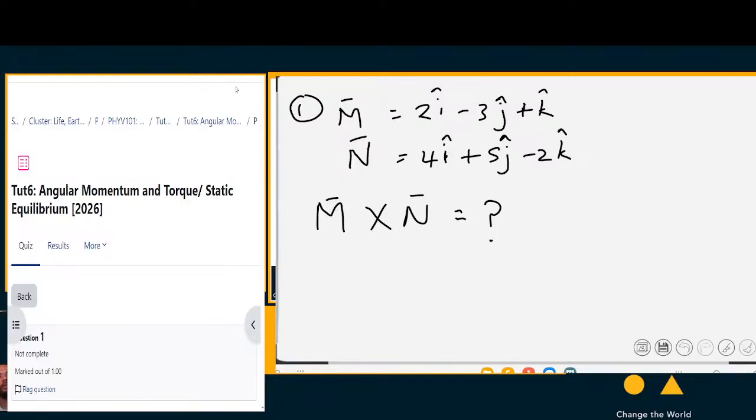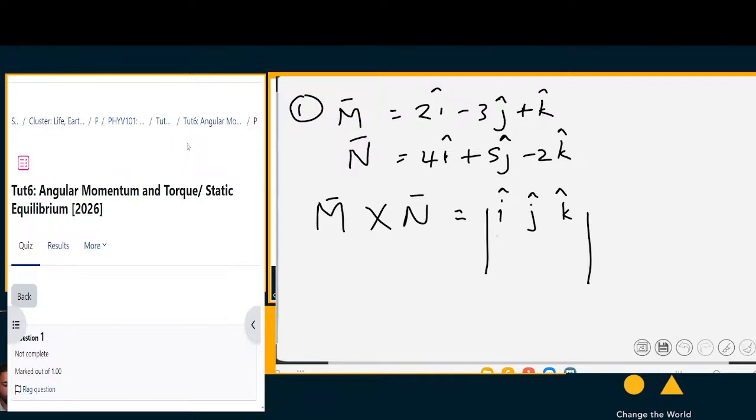So M, the vector product of M with N. First of all, you need to set up the determinant. First you write i hat, j hat, k hat.